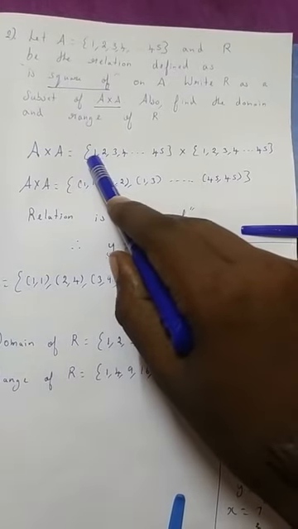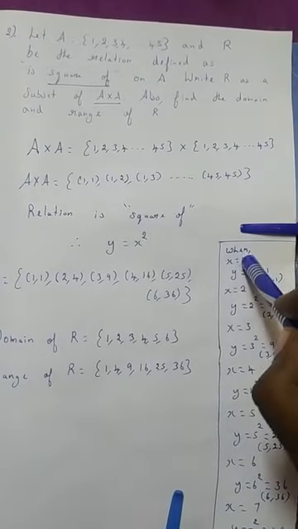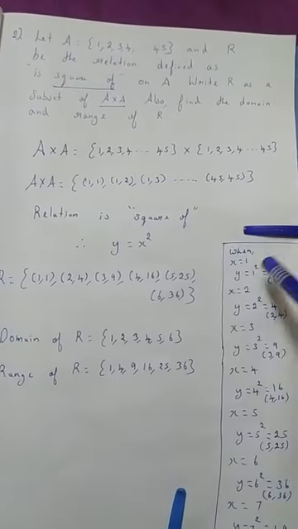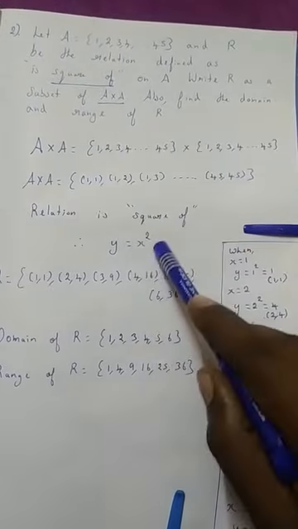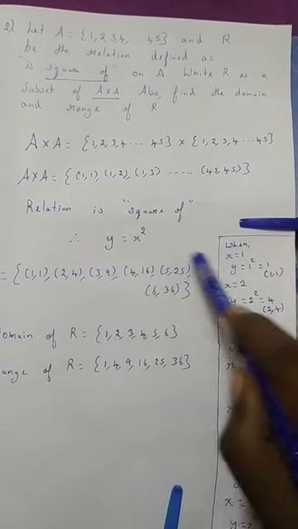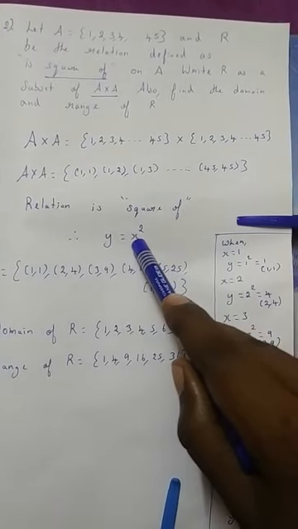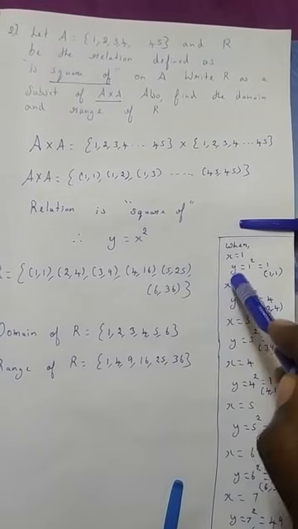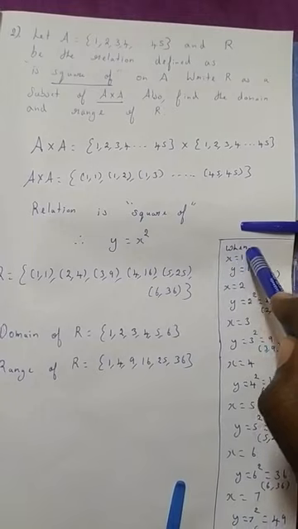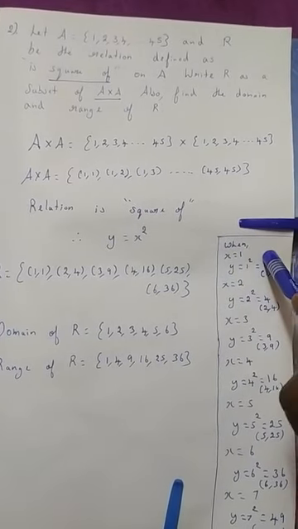What is the first number? 1. We substitute the numbers one by one. When x is equal to 1, what should be the y value? If I substitute 1 in the place of x, it is 1 square. Therefore y is equal to 1. Which means if x is equal to 1, y is also 1.